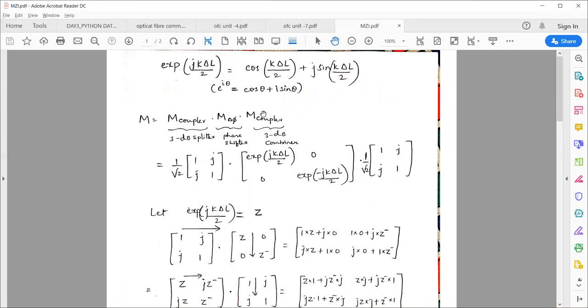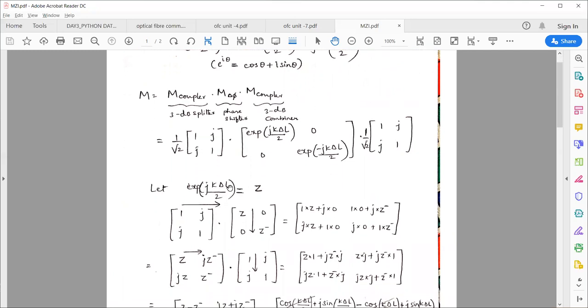As I mentioned, the splitter and combiner, both we can call them directional couplers. So both will have the same propagation matrix. Now let me consider for the time being exponential jk delta L by 2 as small z. I need to multiply this first matrix with the second matrix. So I'm taking z equal to exponential jk delta L by 2.